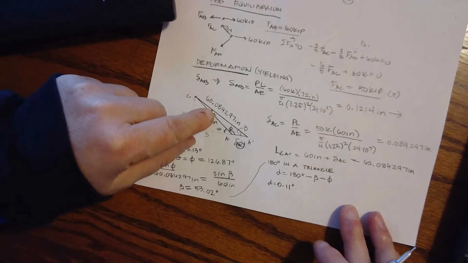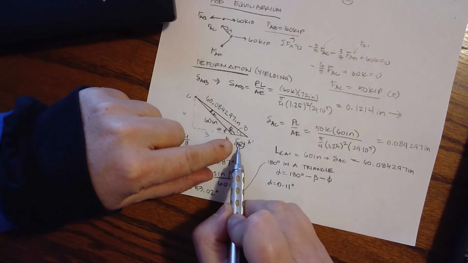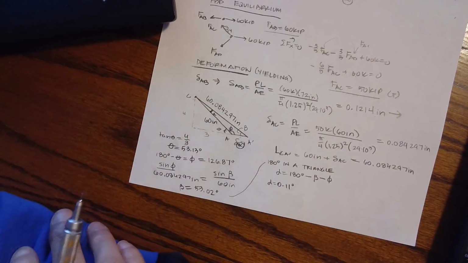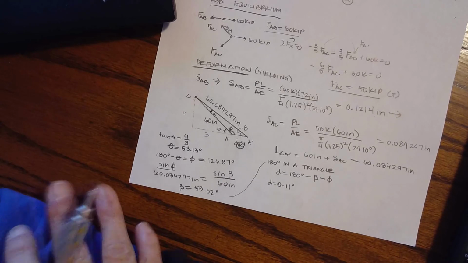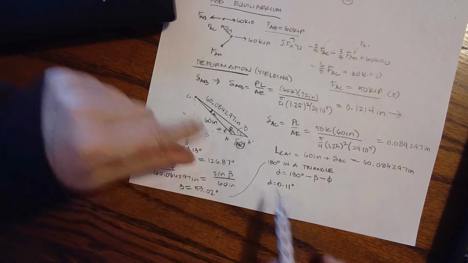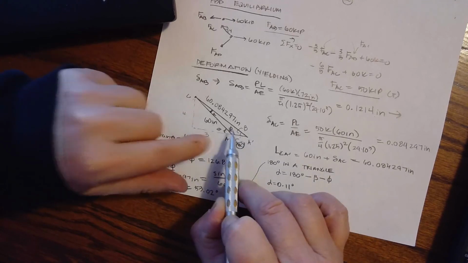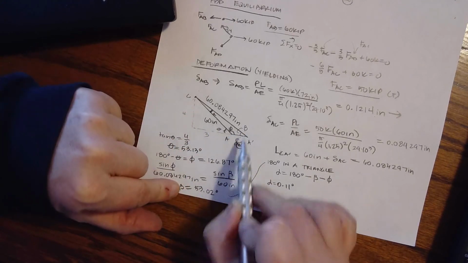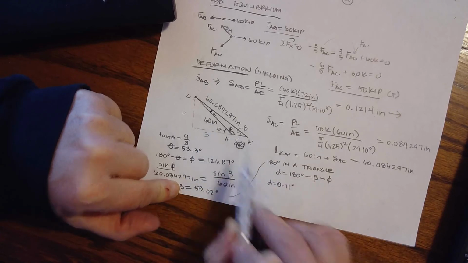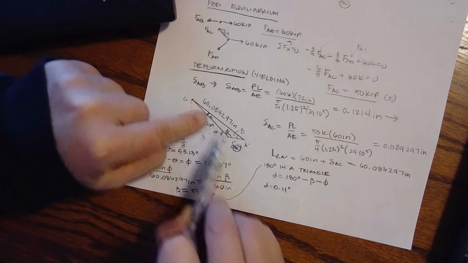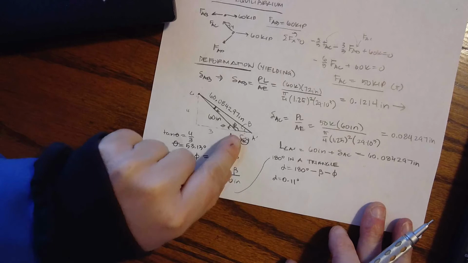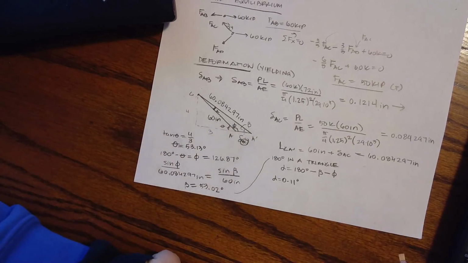Now, if I know alpha, can I get this little delta right here? I sure can, because I can now use law of sines again. This time I can say that sine beta is to 60 as sine alpha is to the delta that I'm looking for in the x direction.